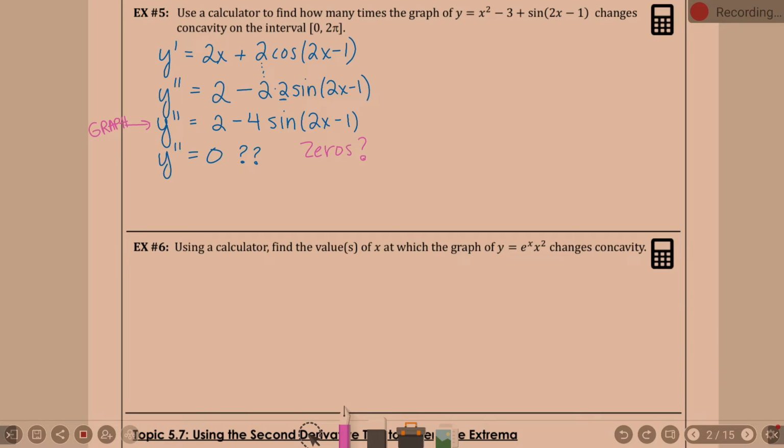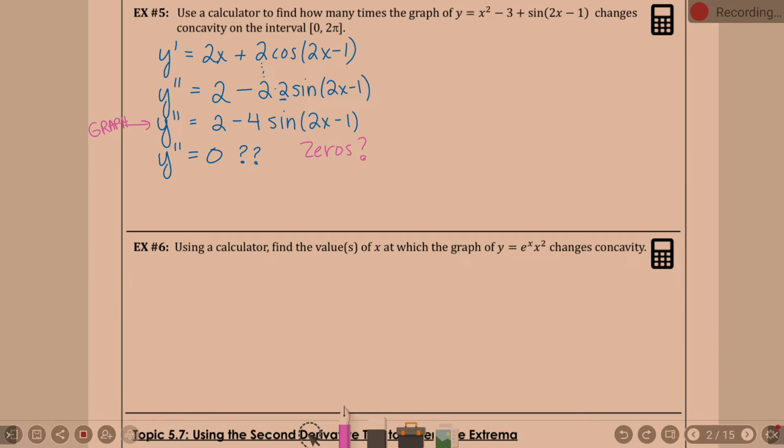Now, my window settings. I want to change my x-min and x-max to be 0 and 2 pi. And then regraph it. The nice part about this is I'm looking specifically at the interval in question.